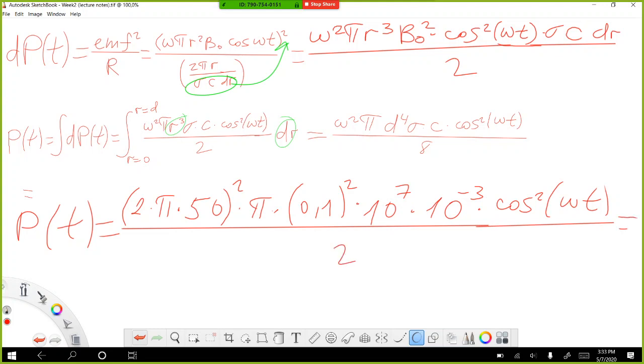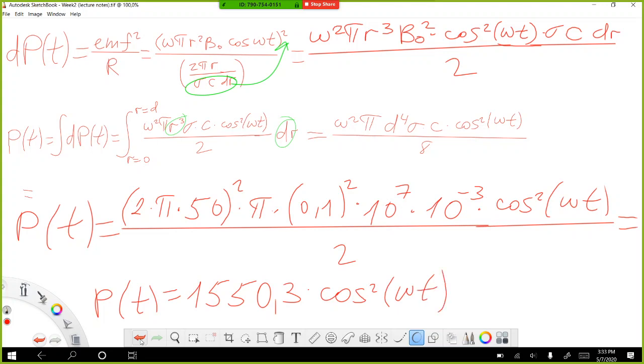If we compute everything, power will be equal to 1550.3 multiplied by cosine squared omega t.